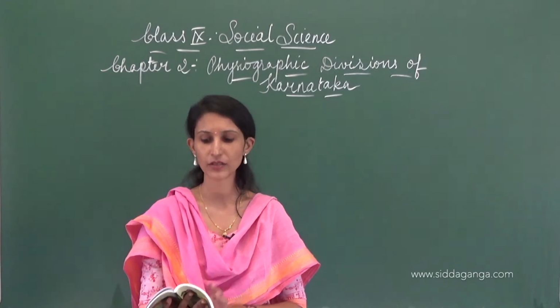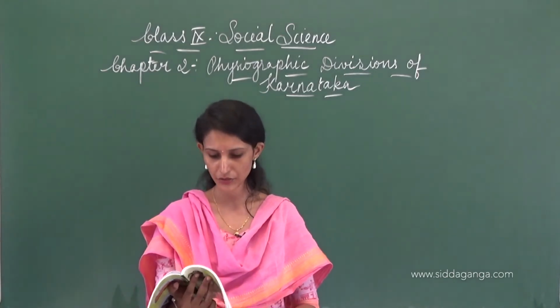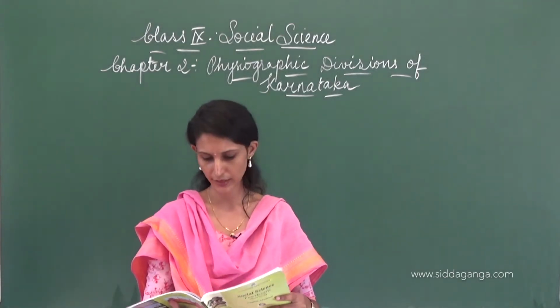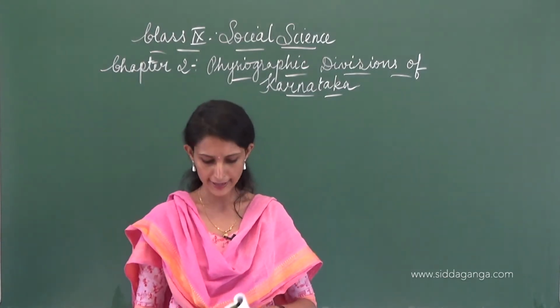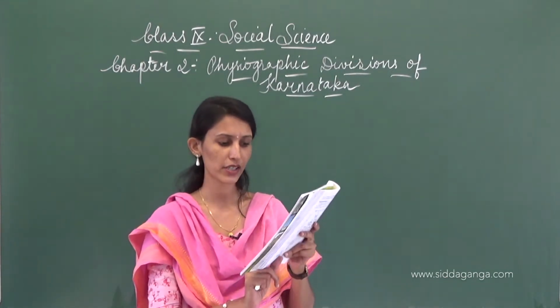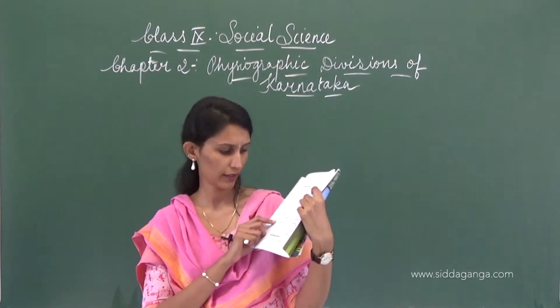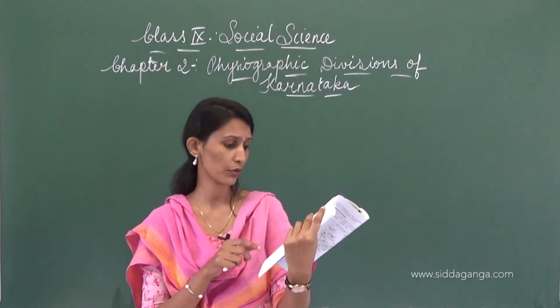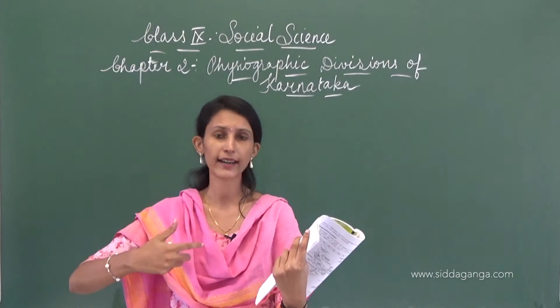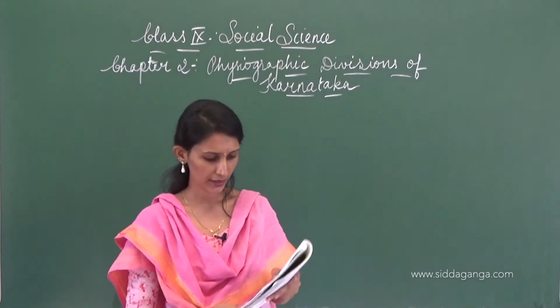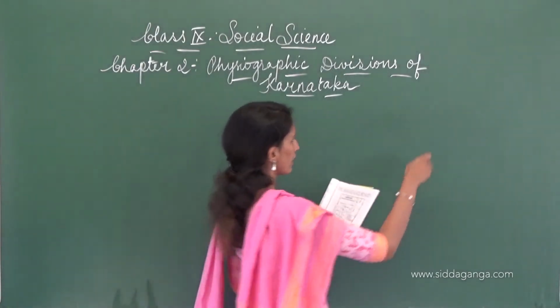Now, if you get back to the first lesson, I want you to see the map of Karnataka. Dakshin Kannada, Udupi and Uttar Kannada are the coastal plains.